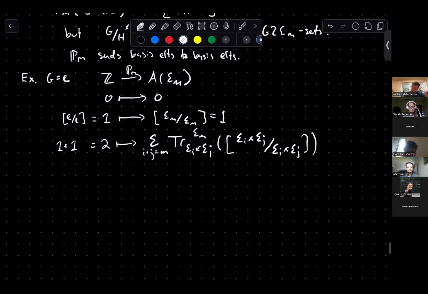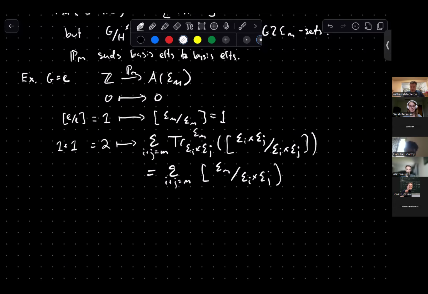So why am I talking about this? Well, because the transfer is interesting. What we get here is the sum over i plus j equals m of sigma m mod sigma i times sigma j. And this one calculation suggests that something strange is going on.